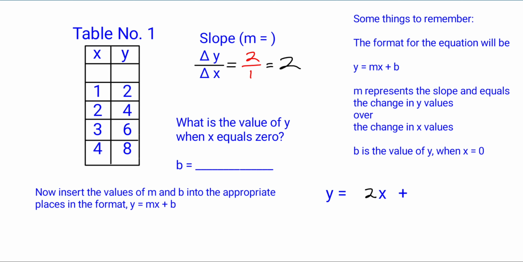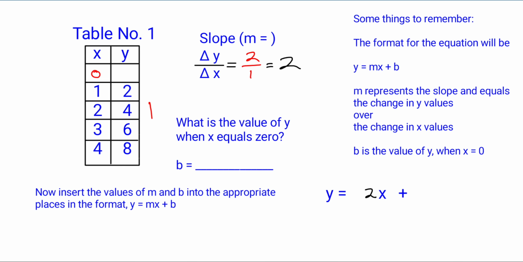Now what we need to do is find the value of y when x equals 0. On the left side, we're adding 1 as we go down: 1, 2, 3, 4. So as we go up, we're subtracting 1. 4 minus 1 is 3, minus 1 is 2, minus 1 is 1, minus 1 is 0. We do the same thing on the right side.